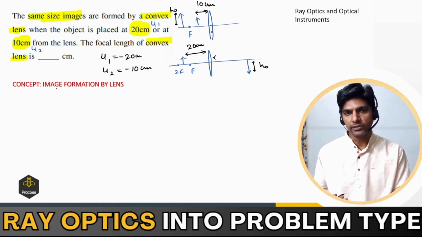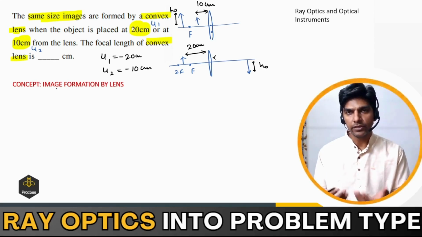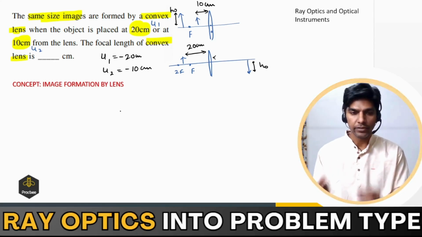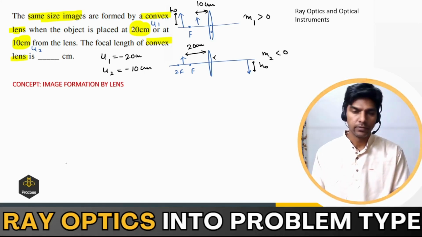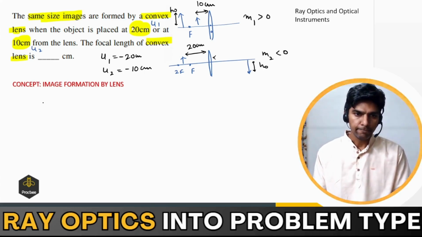And the size of the image is the same, so we can say the magnification will have the same magnitude. But if you look at the magnification, m1 will be positive, but m2 will be negative. So we can say m1 will be negative of m2.